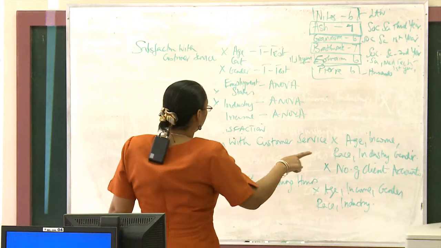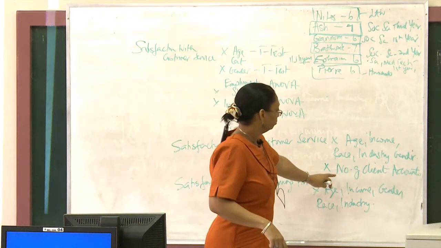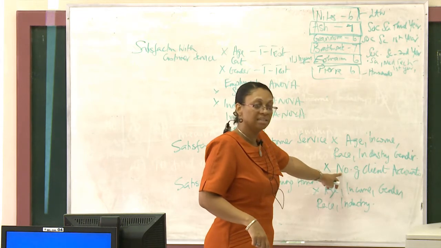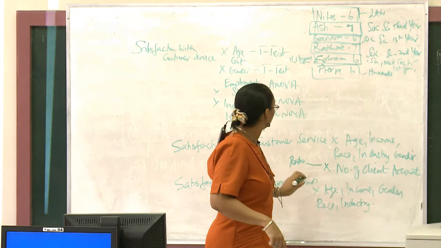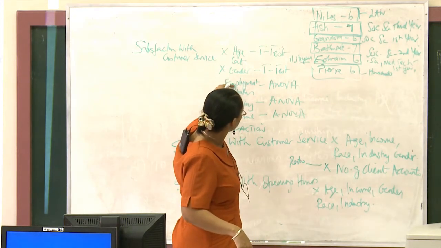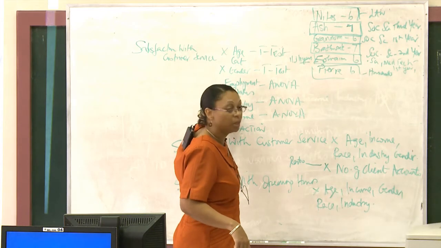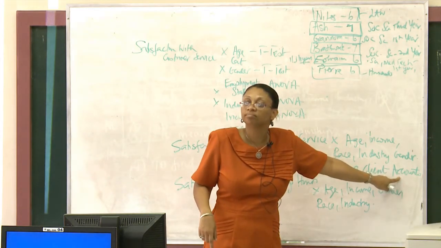And hold on a minute. If I wanted to run number of client accounts, this is ratio, by age category, gender, employment status, industry, income, the same thing would apply. Because number of client accounts is a ratio question.